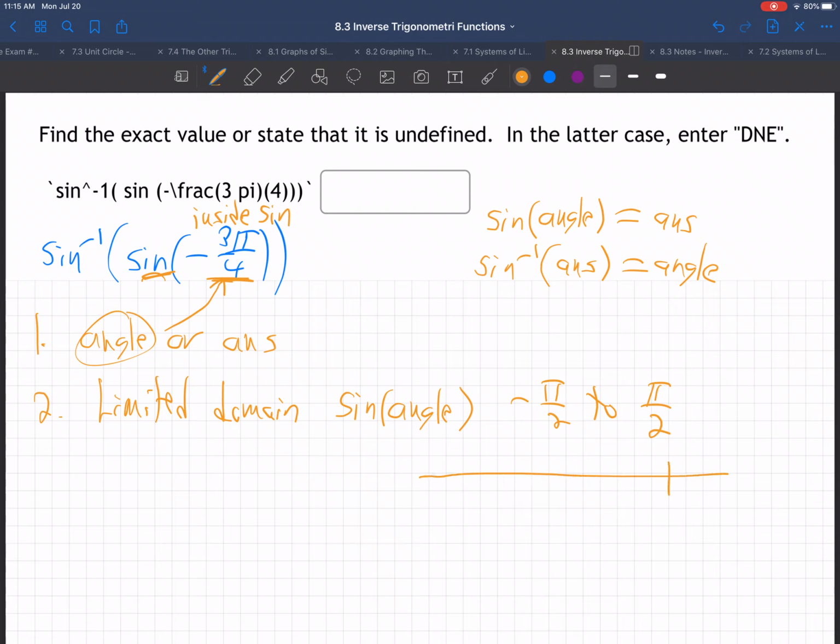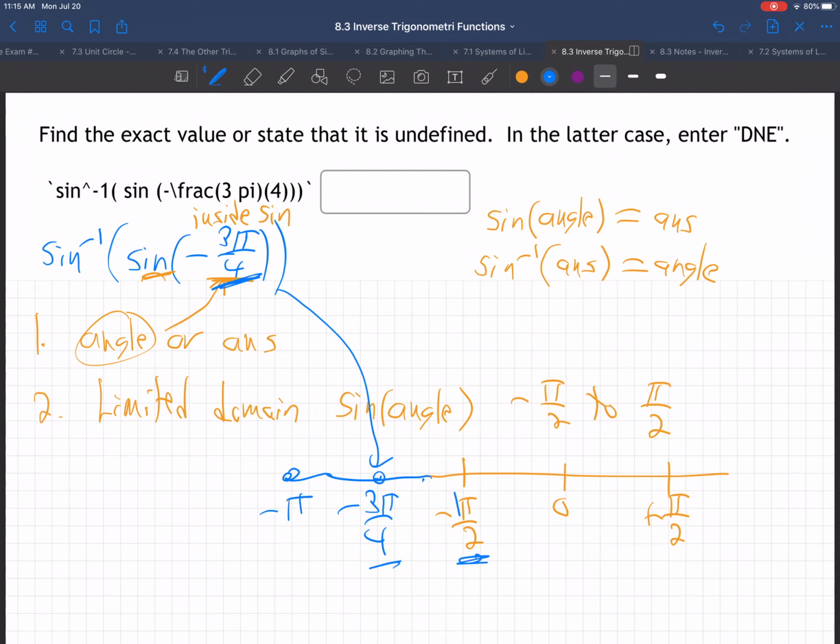If I go from positive pi over 2 to negative pi over 2, here's 0 in the middle. The question is, is negative 3 pi over 4 there? No, 3/4 would be back here somewhere. Here it'd be negative 1 whole pi. This is half a pi, negative 3/4 of a pi, negative 1 whole pi, even further negative.